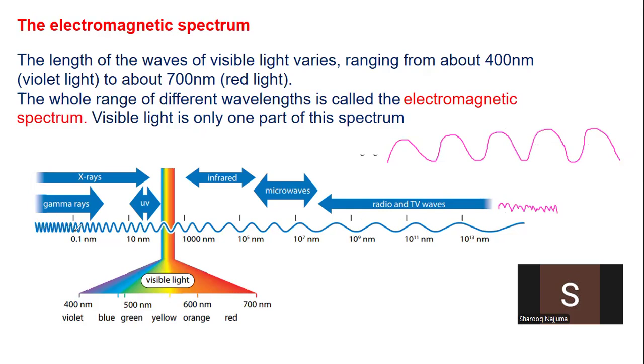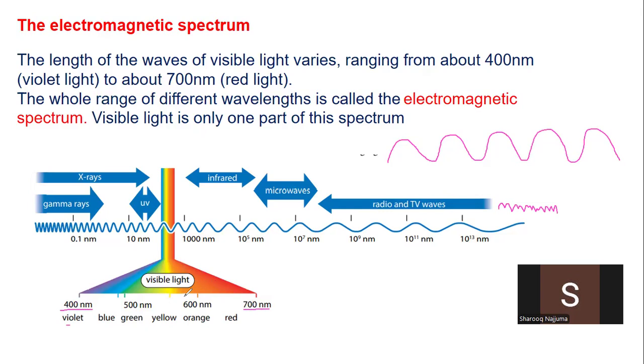So what is the wavelength of visible light? Visible light has a wavelength that ranges from 400 nanometers, that is for violet light, to 700 nanometers. So visible light is the type of radiation that is used under a light microscope.